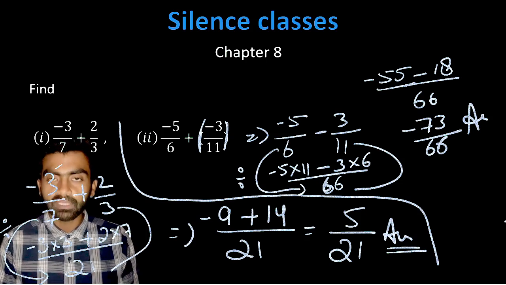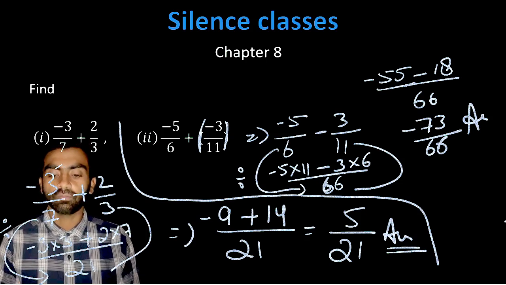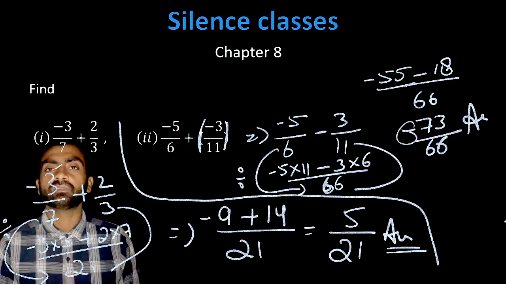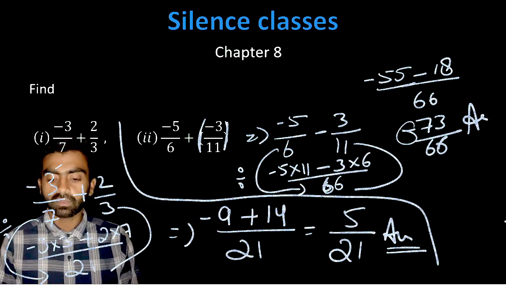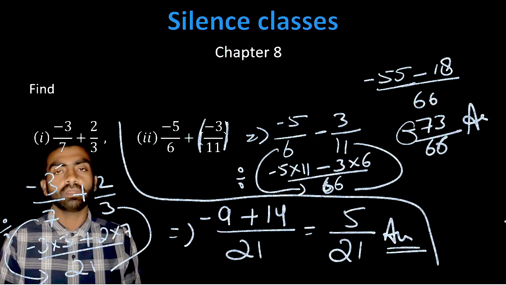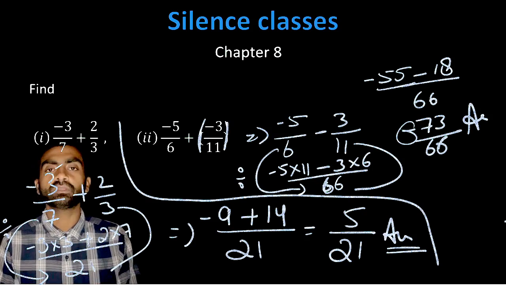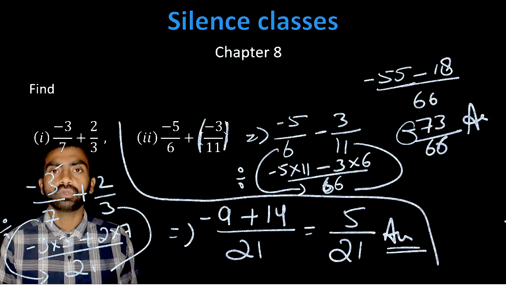Please don't make mistakes while putting the sign. Most students usually make mistakes over here, that they don't realize minus minus will become plus, but they have to put the sign of the bigger digit. So make sure not to make a silly mistake like that.